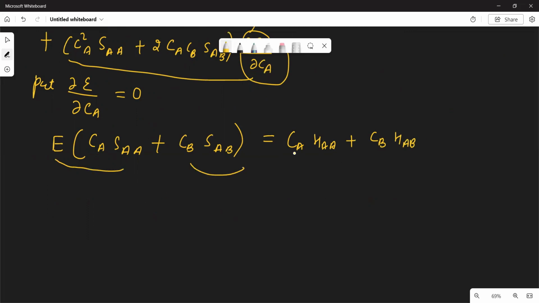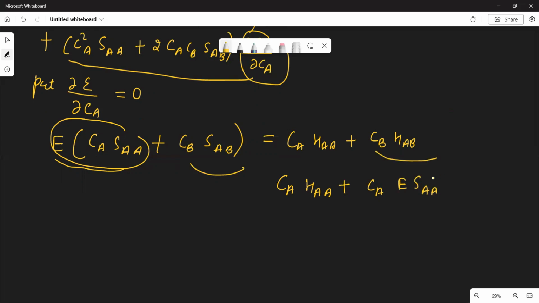So how will I write the terms containing CA together? Here I have CAHAA, and from here I will get this term CAESAA.